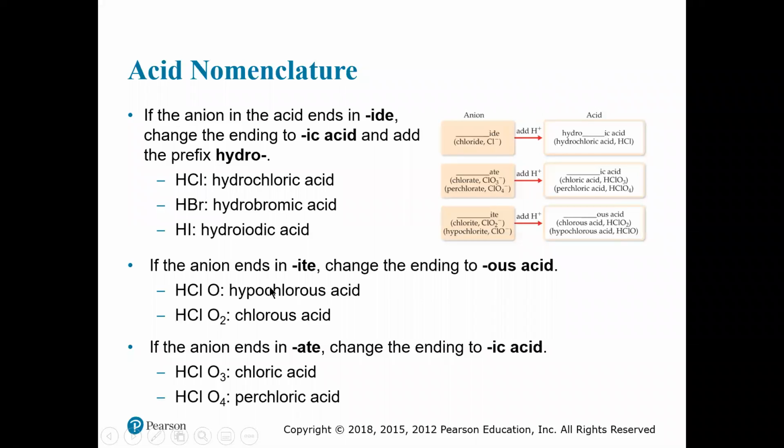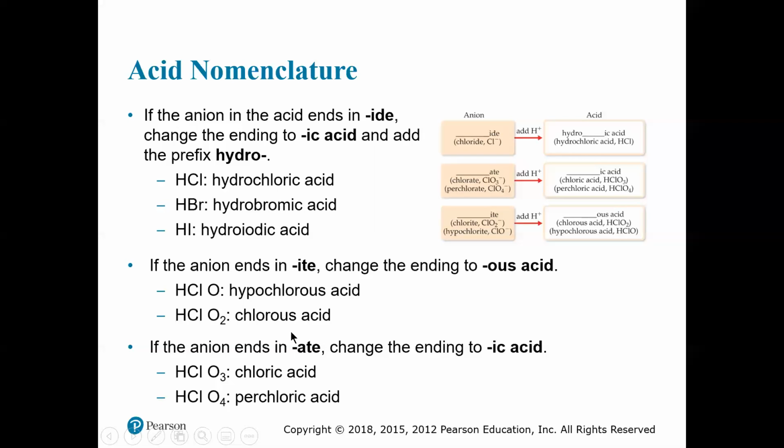If we are dealing with hydrogen combined with a polyatomic ion, it's going to be a little bit different. So let's skip this first one here. In this case, we have hydrogen combined with the polyatomic ion ClO2, which is chlorite. Ite goes to ous, ate goes to ic.